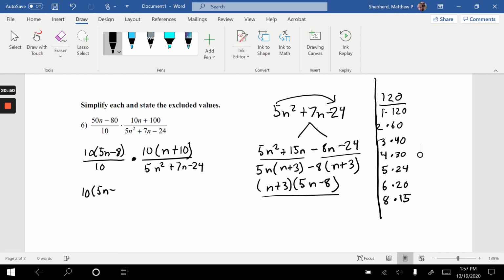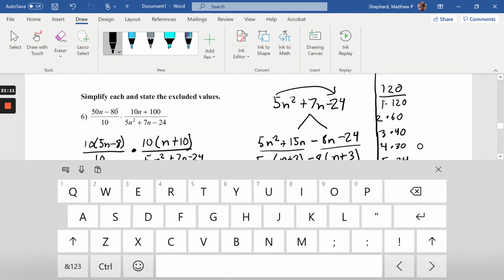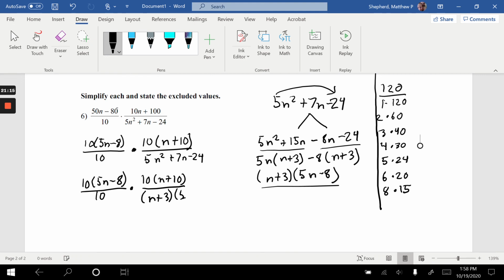All right, so now that we've found that factorization, I'm going to rewrite our statement over here: 10 times 5n minus 8, all over 10 times 10, n plus 10. Then we have our n plus 3 times 5n minus 8. Now when you're multiplying, numerator to numerator, denominator to denominator, we'd get 10, and there was another 10. Just putting my numbers first.